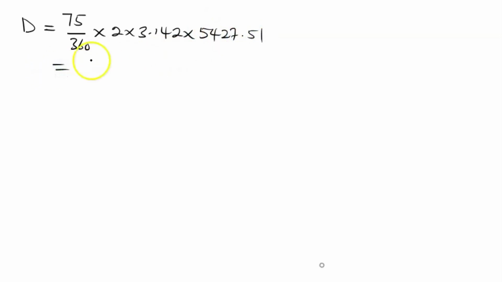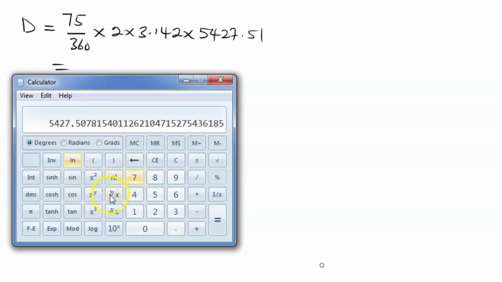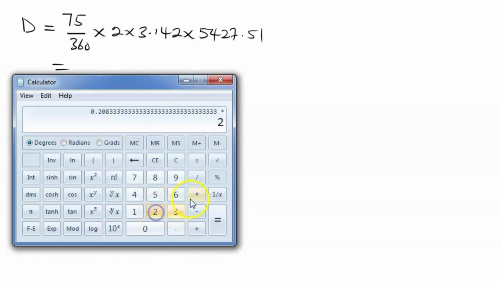So when we do this, what are we going to get? Let me pull up my calculator now. I'm going to have 75 divided by 360, then multiplied by 2, multiplied by 3.142, multiplied by 5427.51.